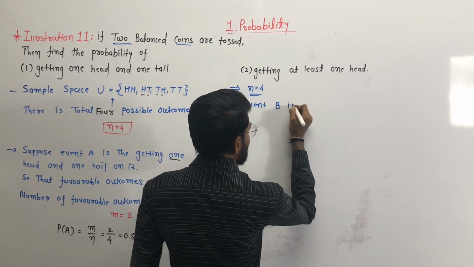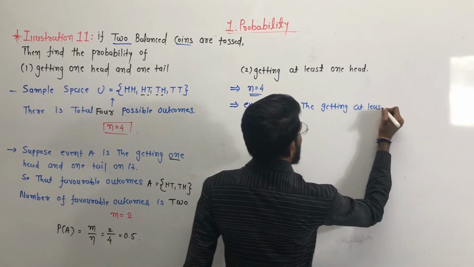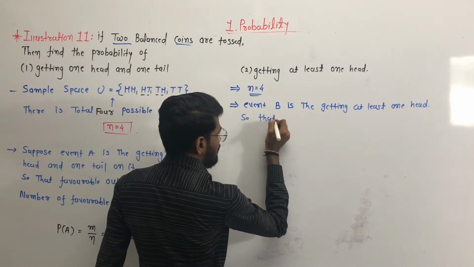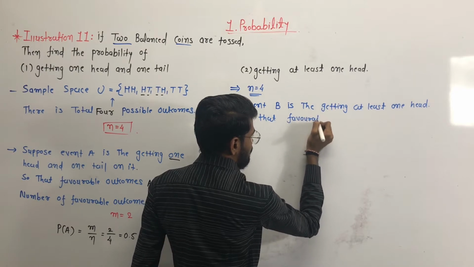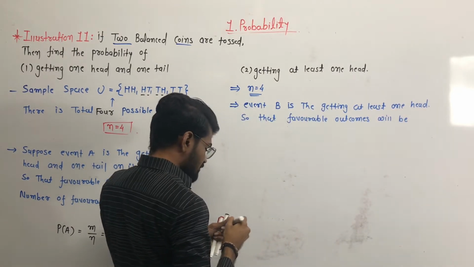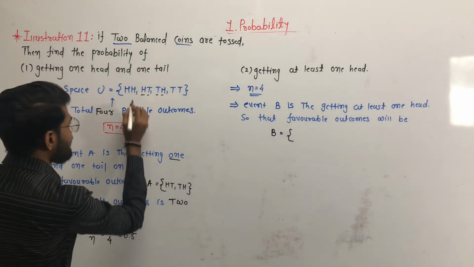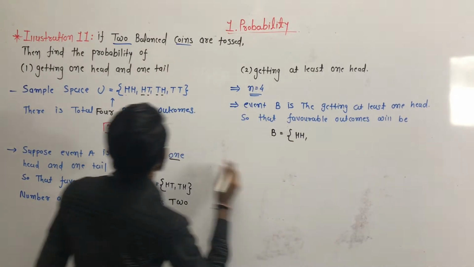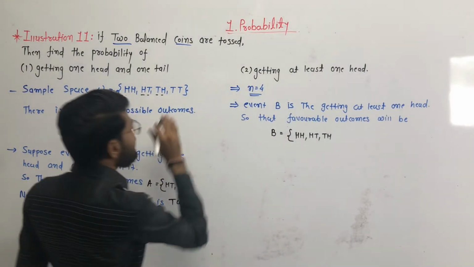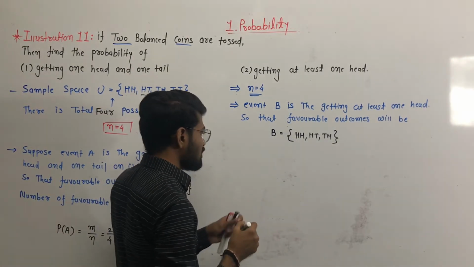Here event B is getting at least one head. कम से कम एक हेड आना चाहिए, क्लियर? कम से कम एक हेड होना चाहिए, यहाँ पे दो हेड है, चलेगा, यस चलेगा, सो H एंड T में एक हेड है, यस चलेगा, ओके, तो T एंड H में एक हेड है, यस है, तो आएगा, T एंड T में एक भी हेड नहीं है, तो ये नहीं आएगा, क्लियर? So this is the element of this event B.